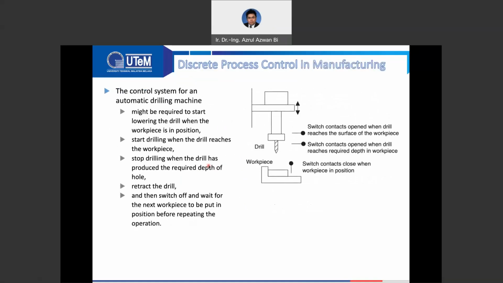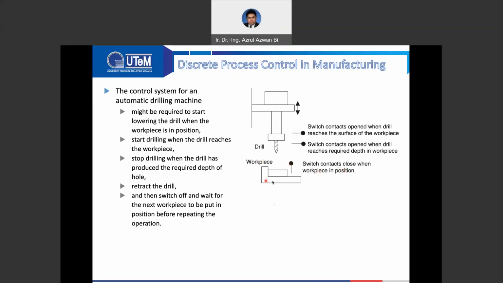This is also a discrete process control example in manufacturing. We have a control system for an automatic drilling machine. It might be required to start lowering the drill when the workpiece is in position. So there are switches 1, 2, 3: a switch contact opens when the drill reaches the surface, a switch contact opens when the drill reaches the required depth, and a switch contact closes when the workpiece is in position.